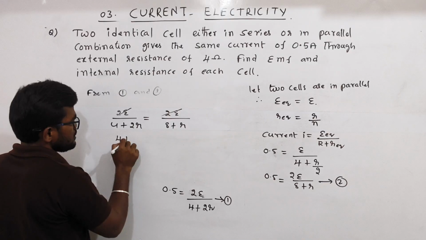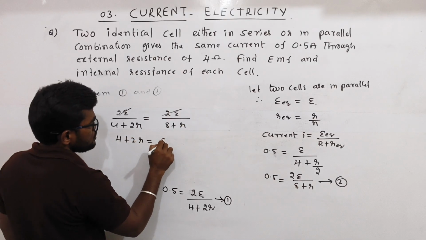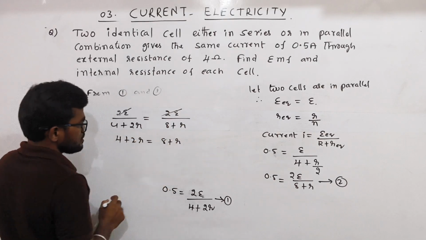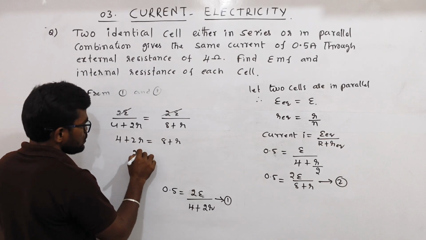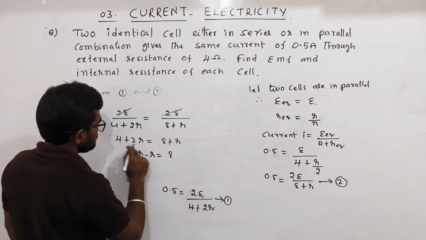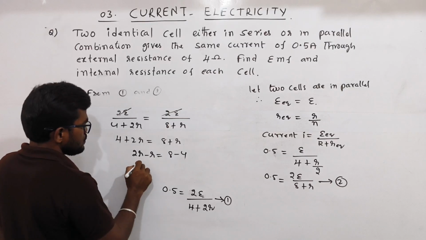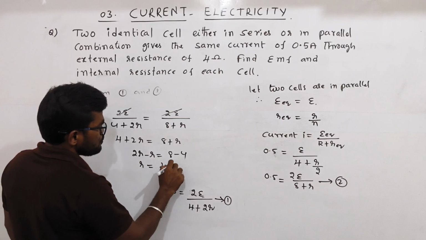This will become 4 plus 2R is equal to 8 plus R. Let us write this R on the left hand side. This will become 2R minus R is equal to 8 minus 4. R is equal to 4 ohm.